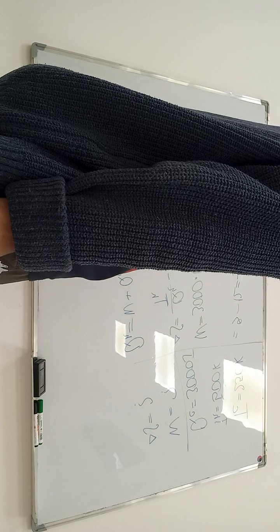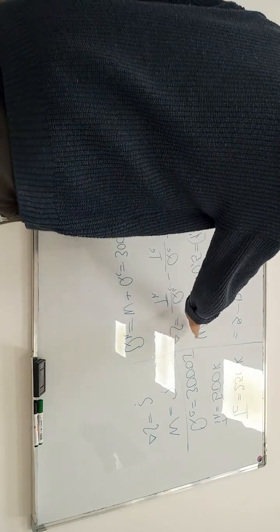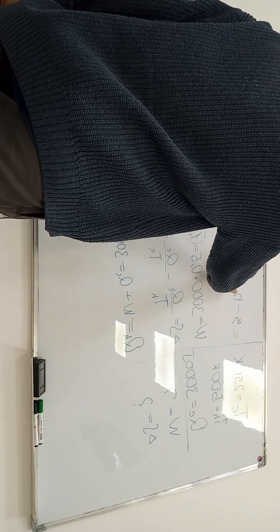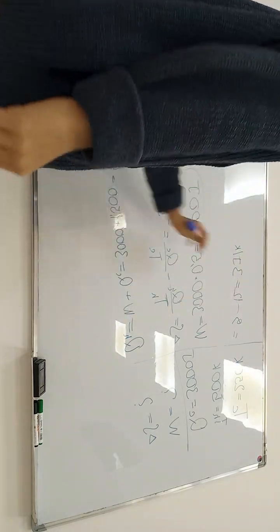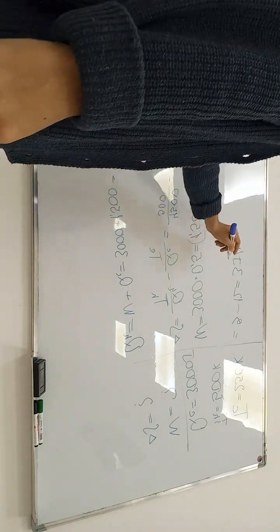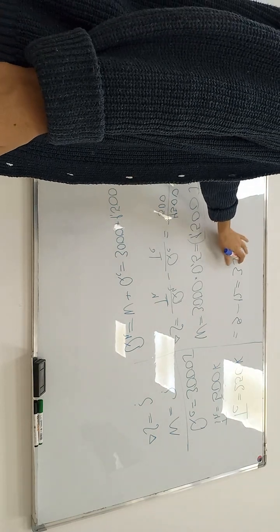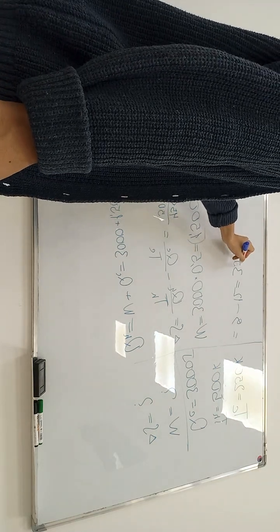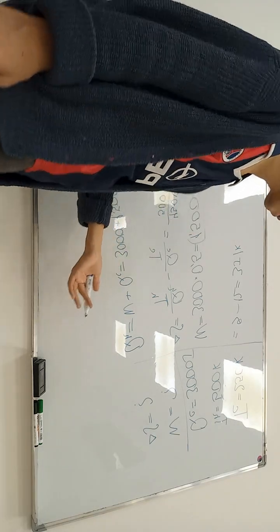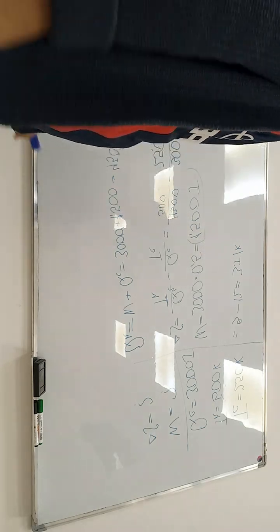Joules divided by kelvin. But it's a total entropy, so we just remove the minus in front. The answer for the total entropy of one cycle is 3 joules divided by kelvin.